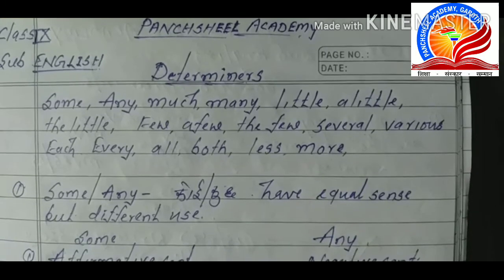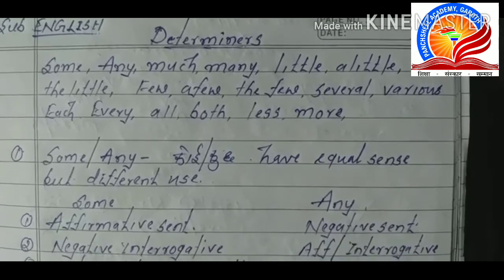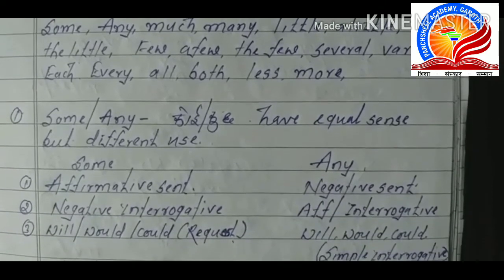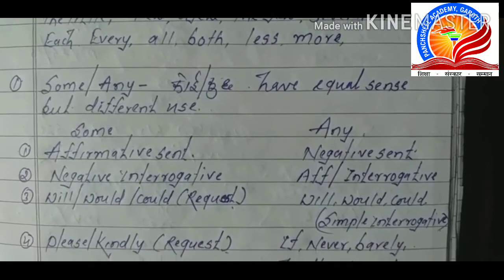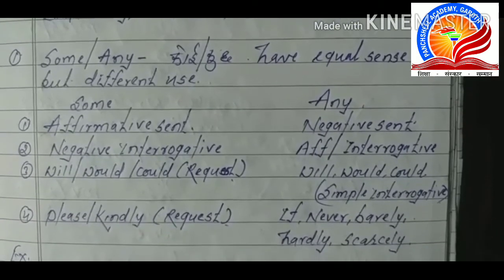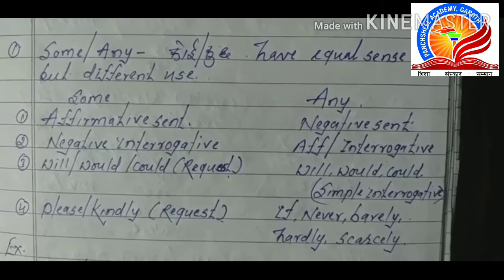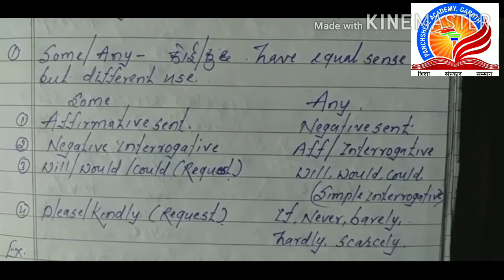First of all, we are going to look at how some and any are applied in a sentence. Some and any have the same sense, koi or kuch, in Hindi.